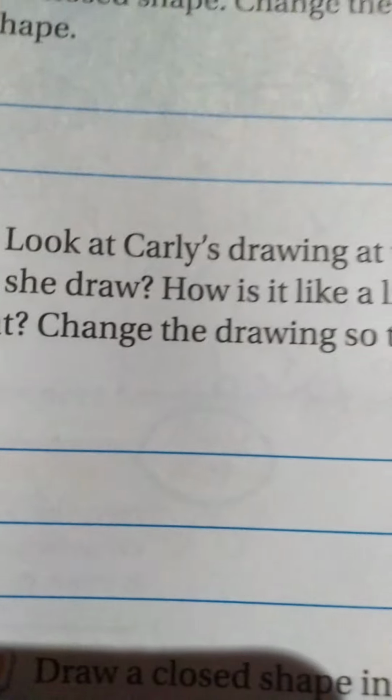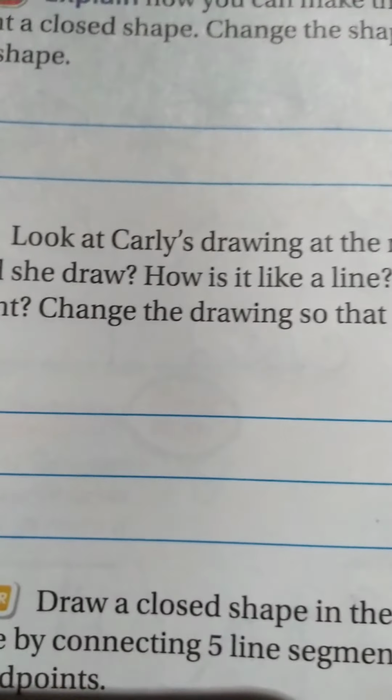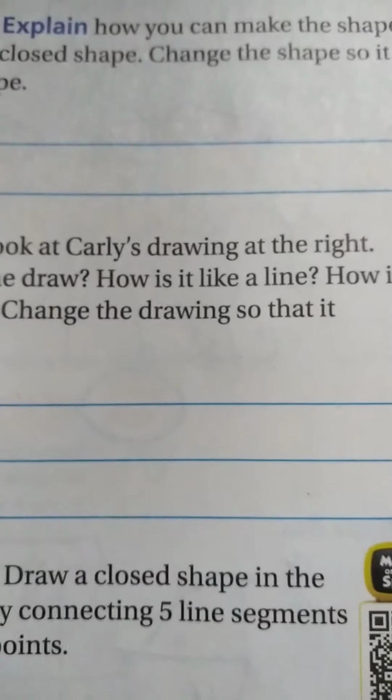All right, let's see what we got to do here. 2 more. Look at Carly's drawing at the right. What did she draw? How is it like a line? How is it different? Change the drawing so that it is a line. Okay, so that's a ray because it has 1 endpoint and 1 arrow. So if you want to make that a line, hang on, let's draw this.